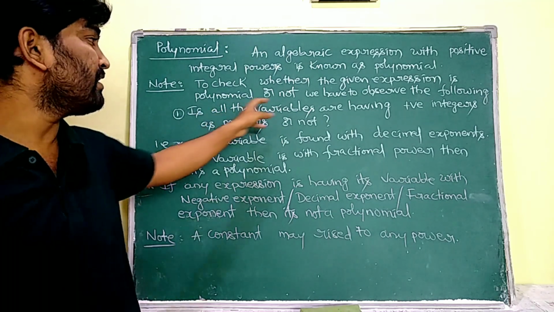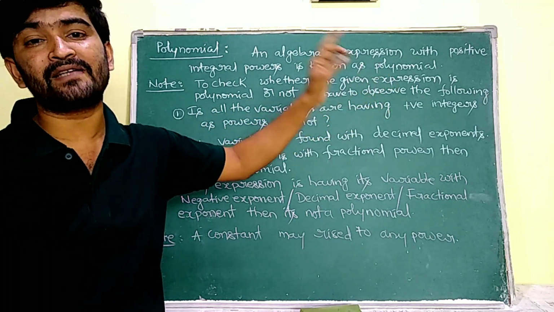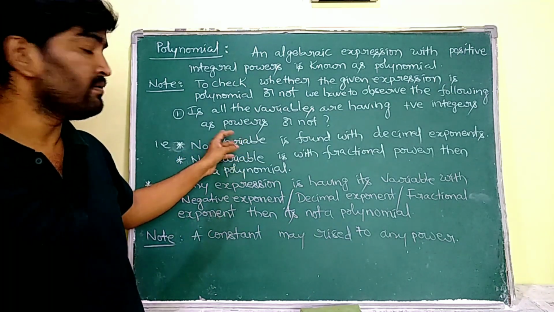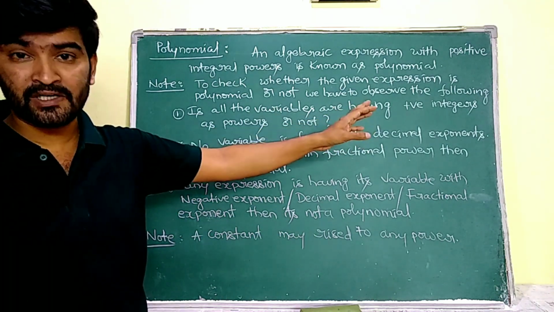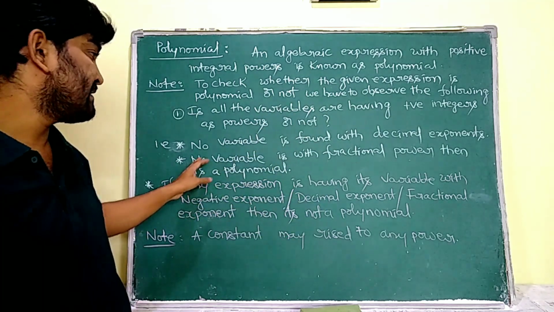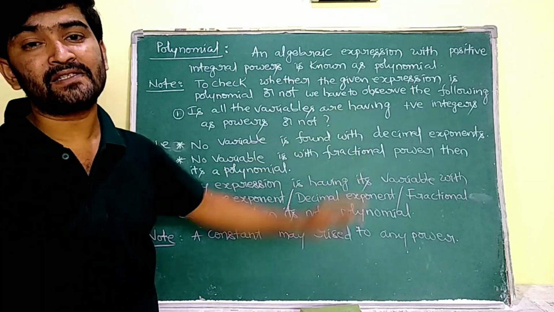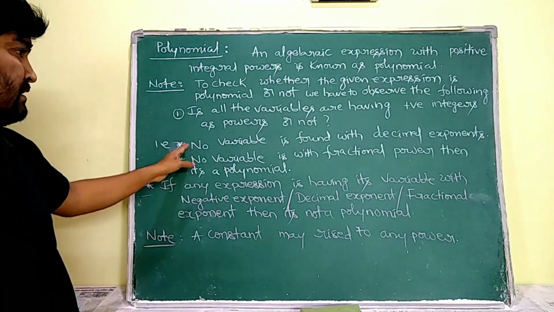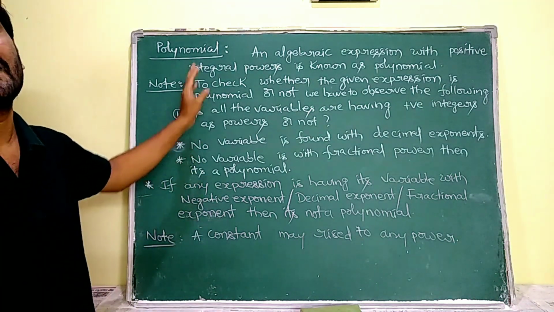That is, we have to check whether all the variables have positive integers as powers or not. Okay, now is there any variable with decimal exponents or not, we have to check. And is there any variable with fractional powers or not, we have to check. Those are the 3 points we have to check in the given expression.